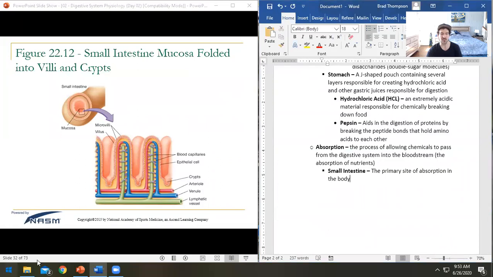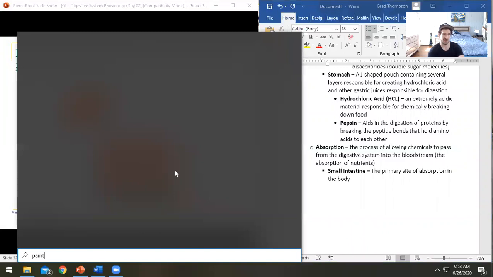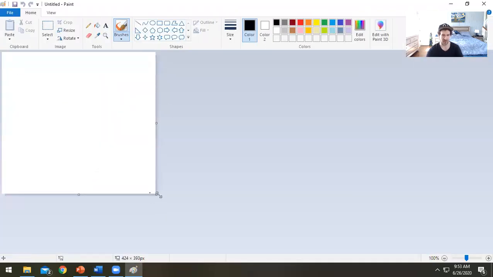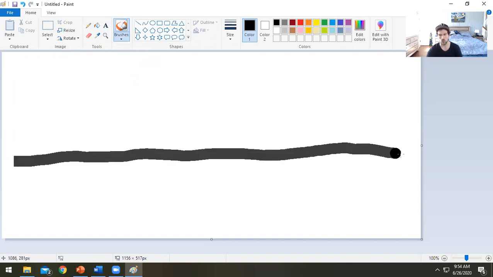So let's just imagine, I'm going to do something I did yesterday and act like I have a whiteboard here. Imagine you've got your small intestine, and it's a wall like this.